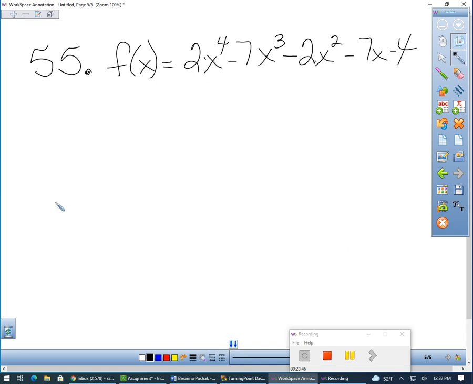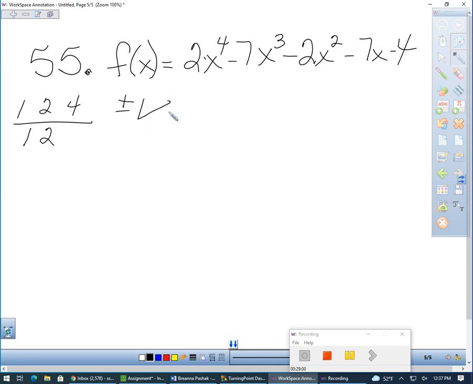All right. So again, the first thing we have to do is find all of our factors of 4, which are 1, 2, and 4, over all the factors of 2, which are 1 and 2. Then we list all our possible, which is plus and minus 1, plus and minus 1/2, plus and minus 2. Plus and minus 2 over 2 is the same as 1.